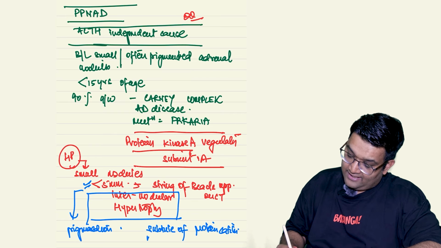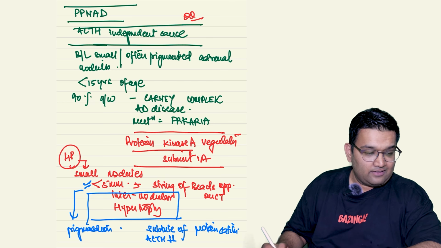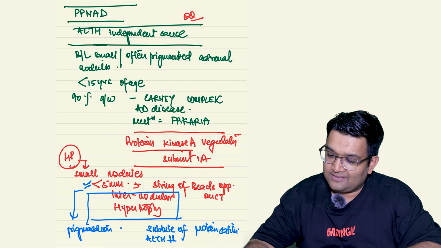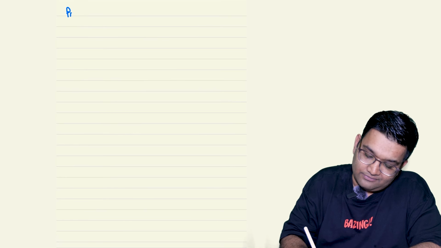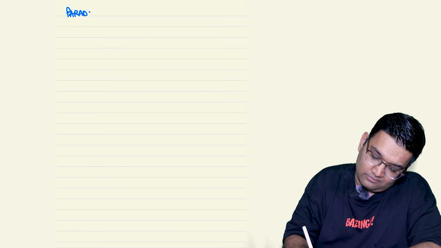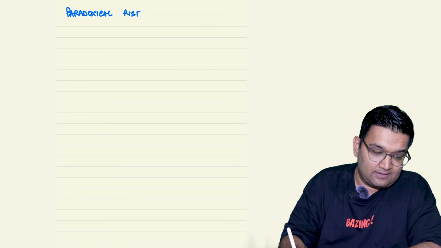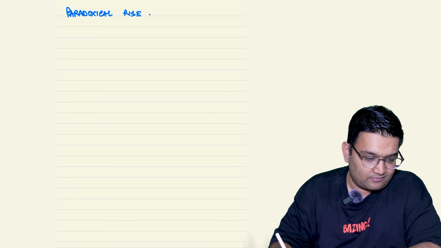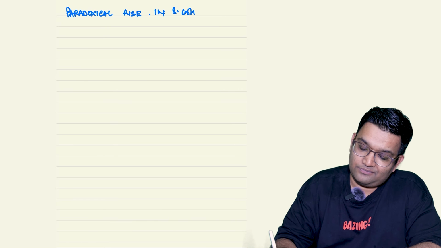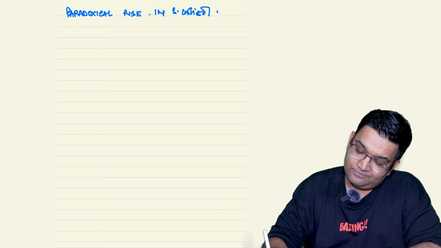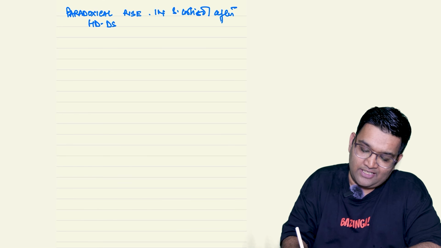So ACTH is going to be suppressed, and there is something known as paradoxical rise in serum cortisol after performing our high dose DEXA suppression test.